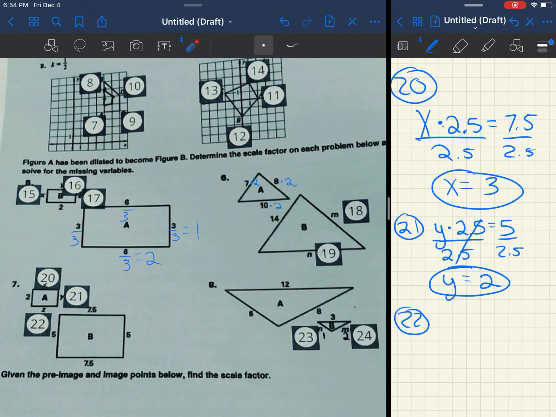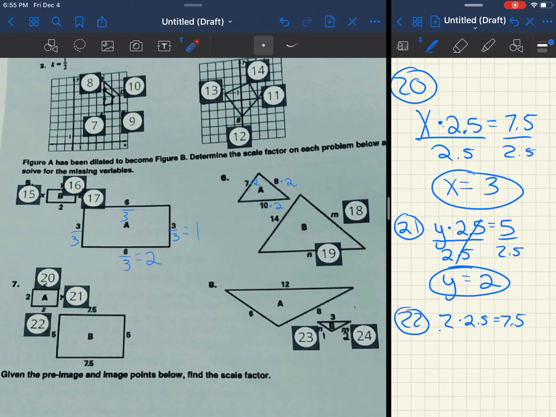Number 22, I'm looking right here. Actually, on the bottom. 22 is the bottom. I have z, and that corresponds with 7.5. I know that if I multiply z by 2.5, I will get 7.5. So z times 2.5 equals 7.5.